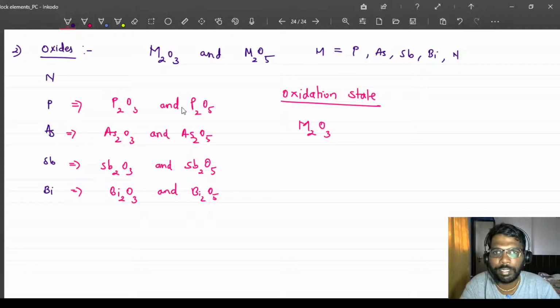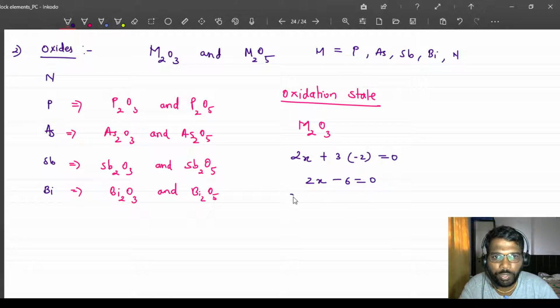Let us find it. I'll put 2x because two metal ions are there, 3 into oxygen is -2. Overall compound is neutral, that's why 0. So 2x minus 6 is equal to 0. So 2x is equal to 6. Therefore, x is equal to 3. Means here metal is in a +3 oxidation state.